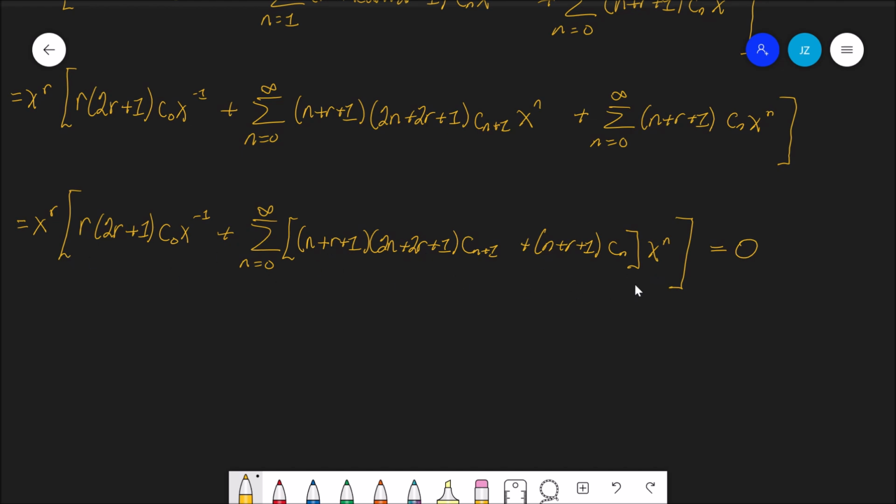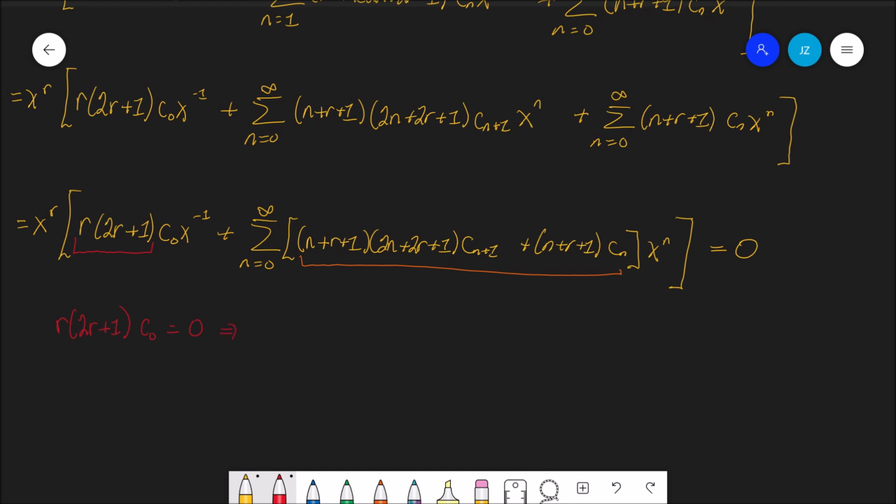So we do coefficient comparison. We have to compare this term with 0, and then that term with 0. So we have r times 2r plus 1 times c naught has to be 0.